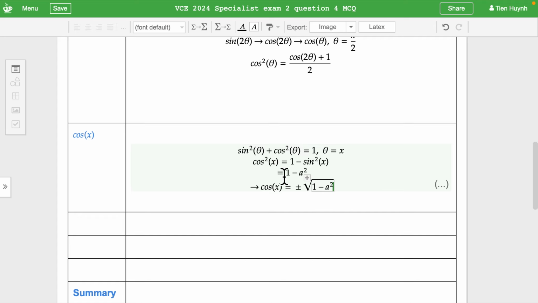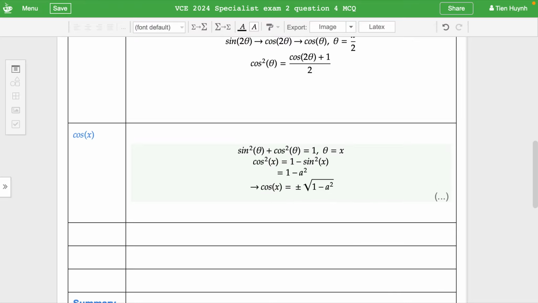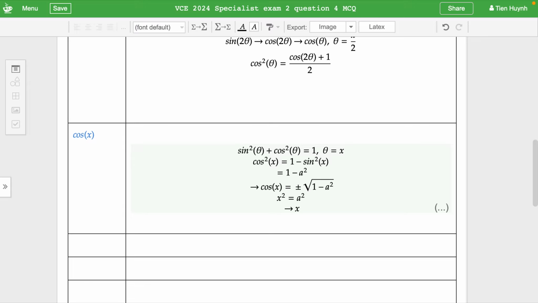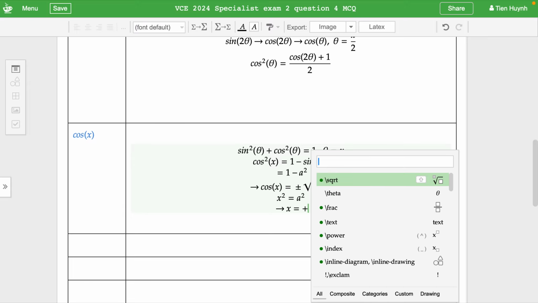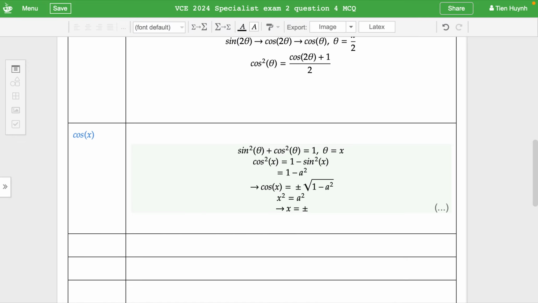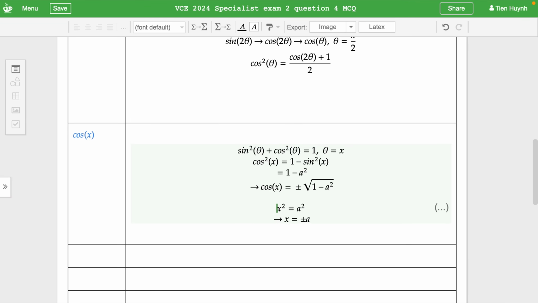Notice everyone, every time you square root a square, you need to always have plus or minus. The key formula to remember is that if x square equals a square, then x is plus or minus a. If you only put in the plus, it's not enough. This is the key point that we need to remember.